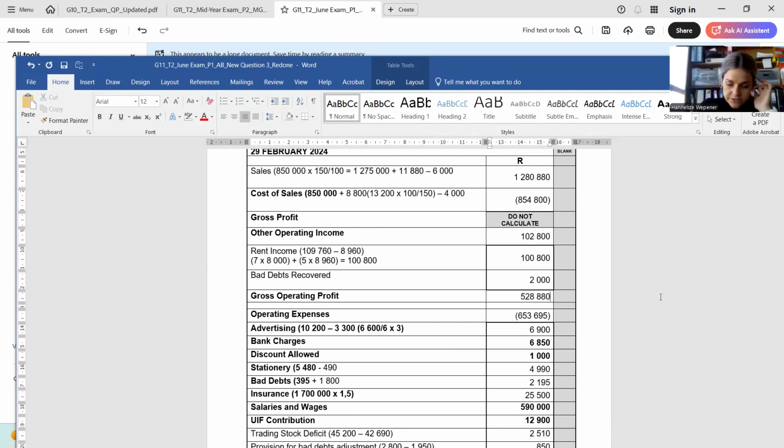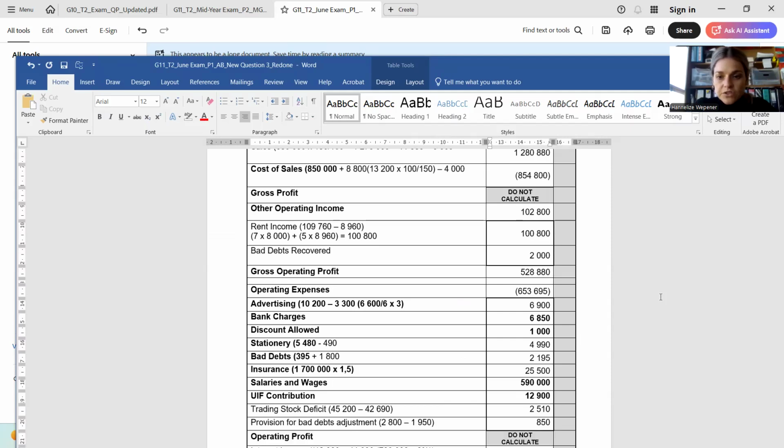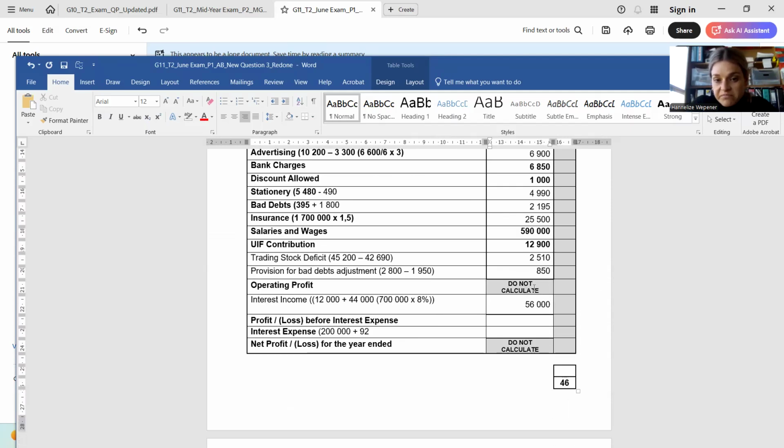Then I need to subtract my expenses. So I have obviously an operating loss here. And then I add to that my interest income. So I have still an operating loss before interest expense.